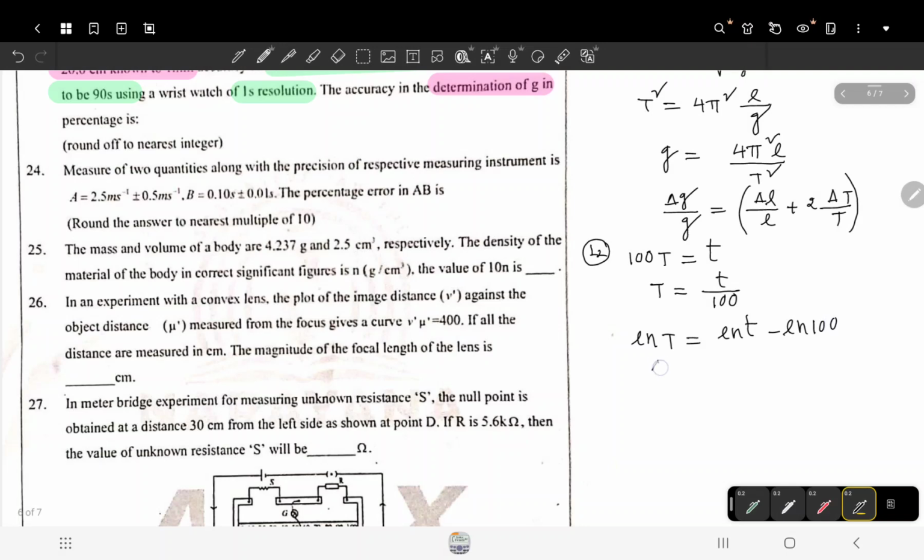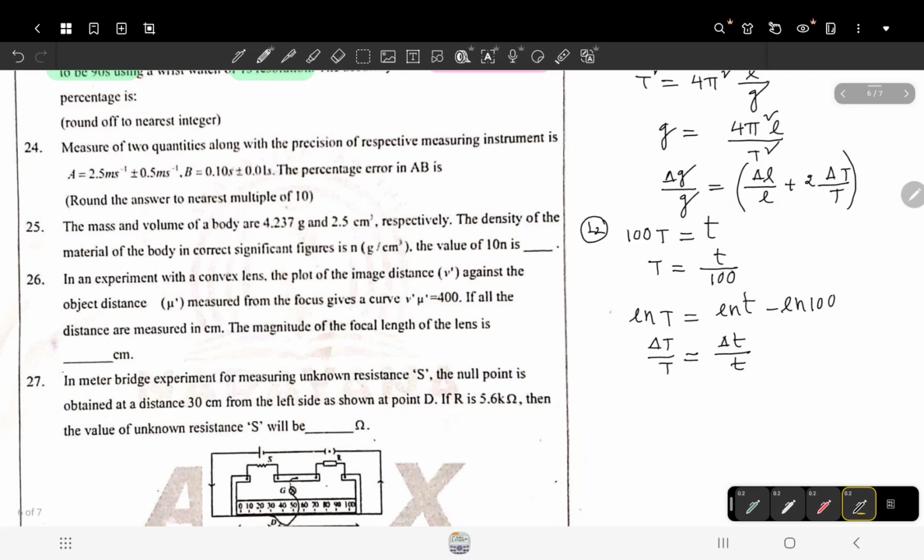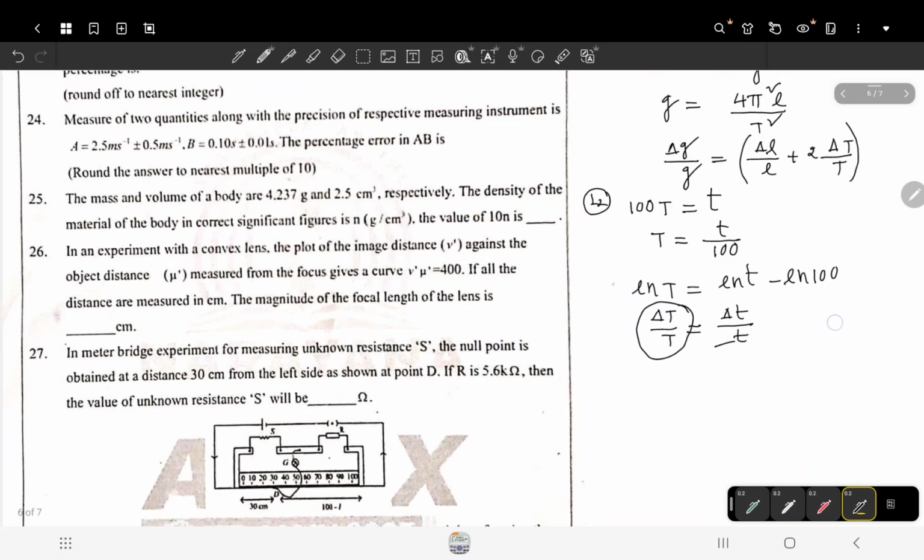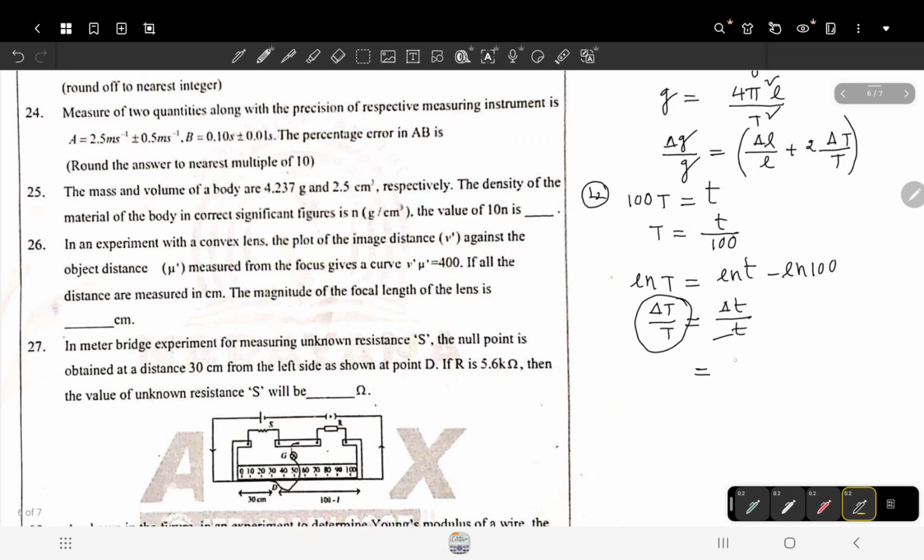If I differentiate it, delta t by t will be equal to delta T by T, and this will be 0. Nothing but in place of delta t by t, you substitute this delta T by T. That will be equal to delta L by L plus 2 into delta T by T.